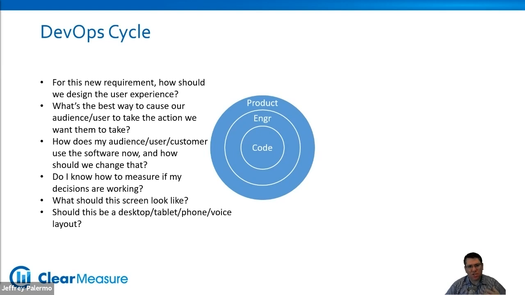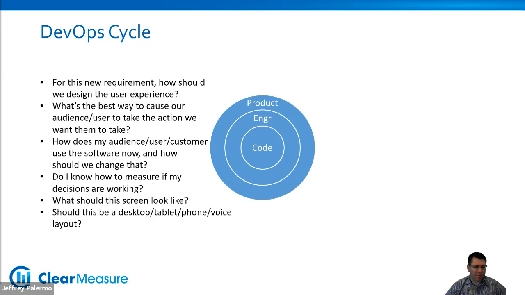So regardless of who is using your software, you want them to behave in a certain way. And when we change the software, we're actually looking to influence what is happening and give people a better experience, to cause them to buy more from us, or to equip them with the ability to be more efficient. But either way, we're looking to influence the behavior of our audience, our customers, our users.